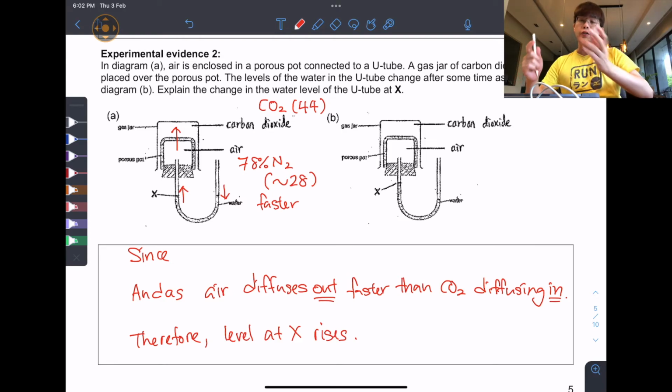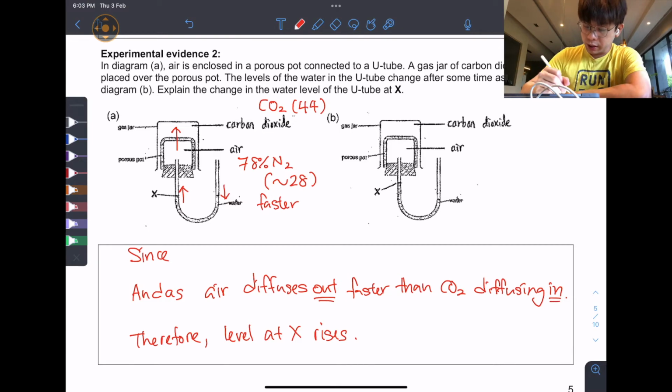We already know that the rate of diffusion is determined by the relative molecular mass of the gas. So the since, which is the evidence, you need to compare the relative molecular mass of the two gases, air and carbon dioxide.